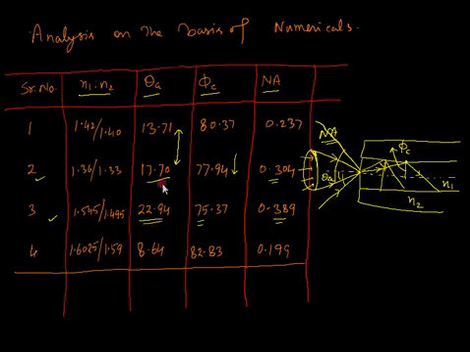In these four numerical problems, this is the smallest acceptance angle, and as a result you can see the maximum critical angle and the lowest value of the numerical aperture. So if the acceptance angle is smaller, obviously the numerical aperture will be small and the critical angle will be larger. So this is just the conclusion about these numerical problems.